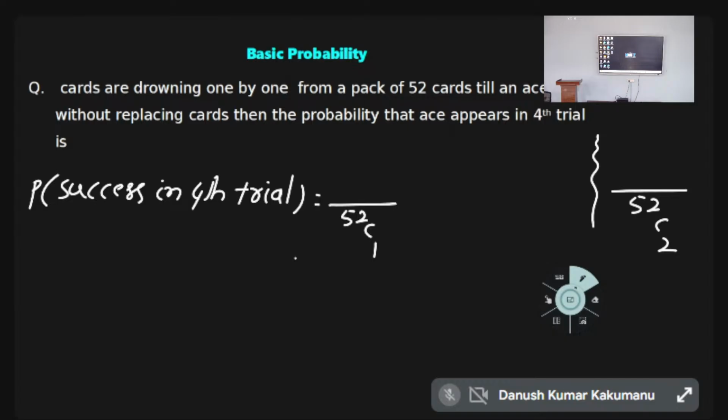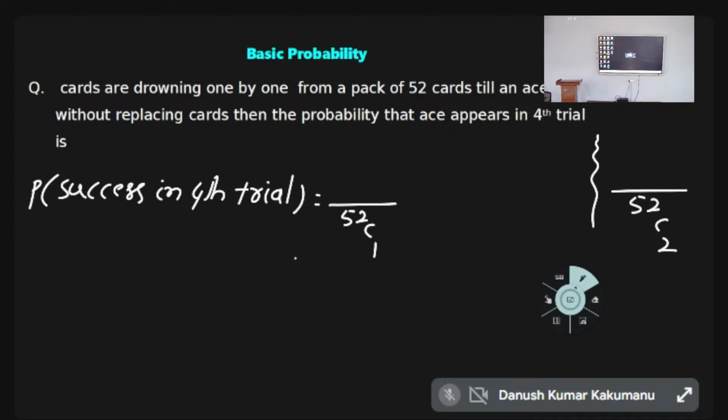First time he failed means the first card should not be an ace card. Among 52 cards, how many are aces? Four cards are aces. So the first card should not be anyone among the four aces.